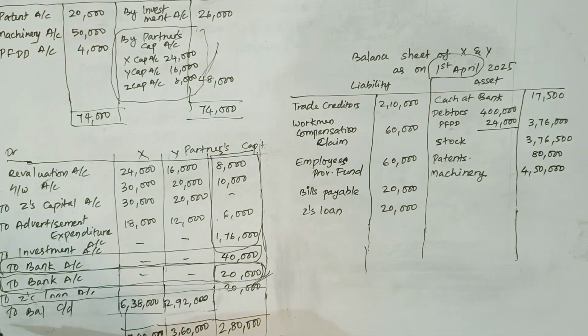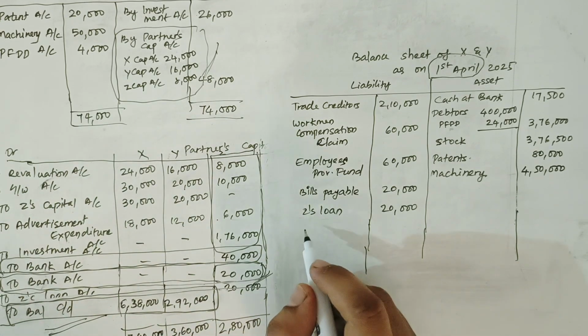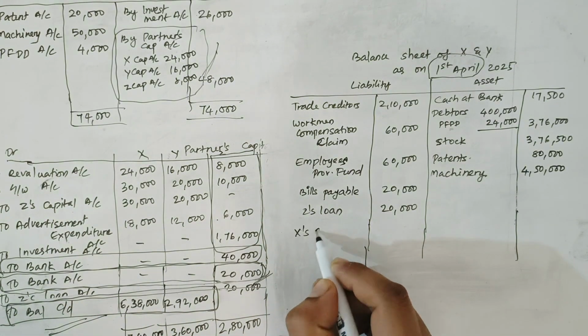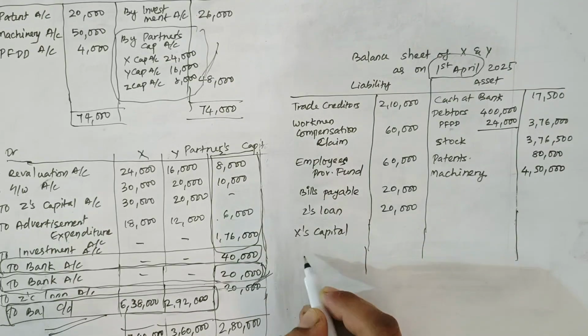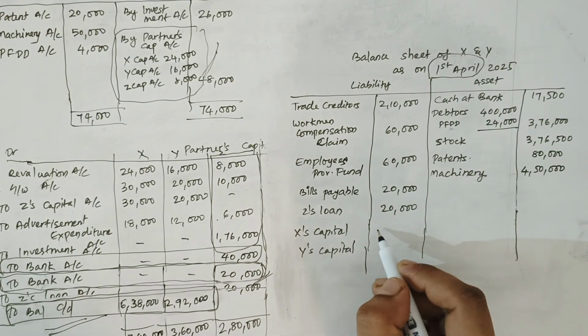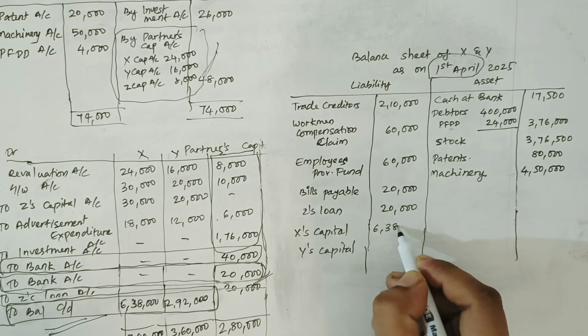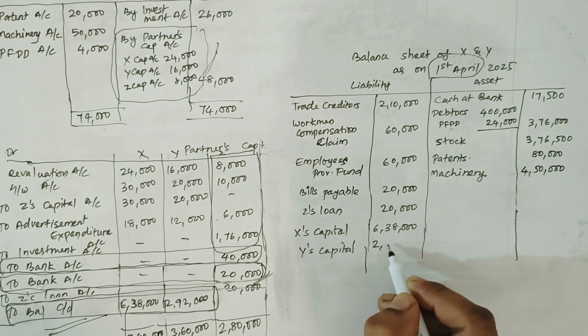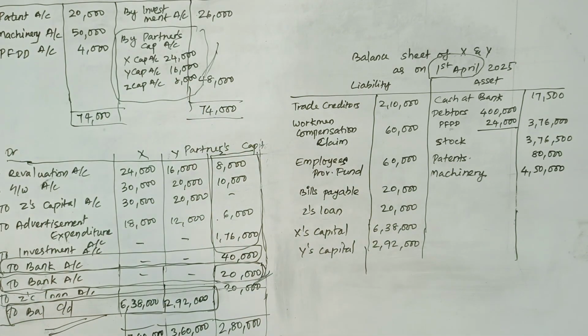Now we have to record the balancing figure, that is the capital of X and Y. X's capital and Y's capital: 6,38,000 and 2,92,000. Now let's see if both the sides are balanced.